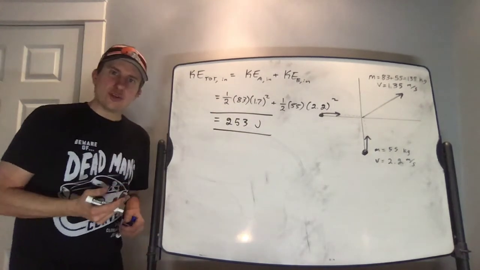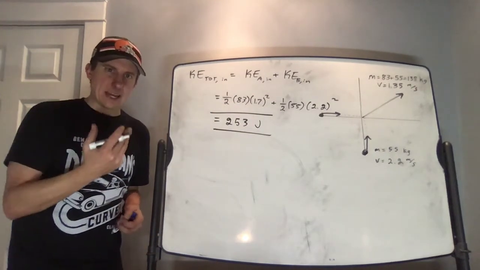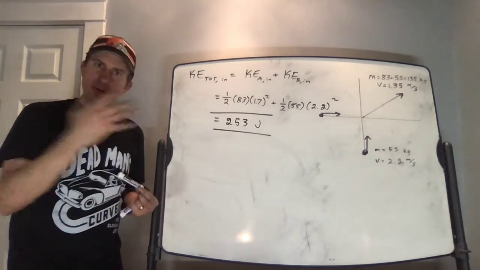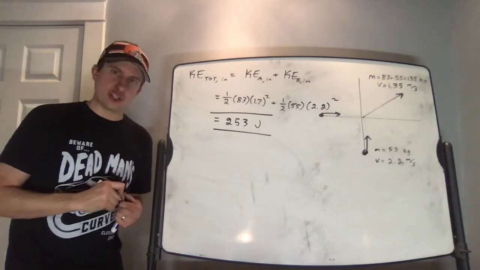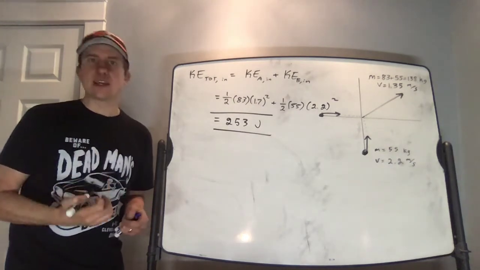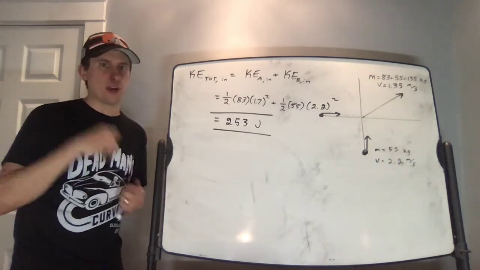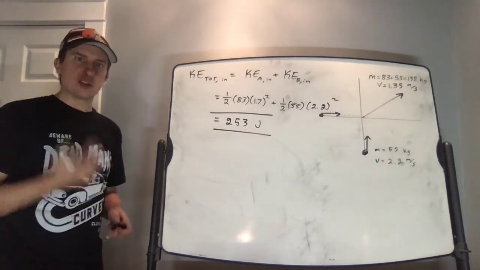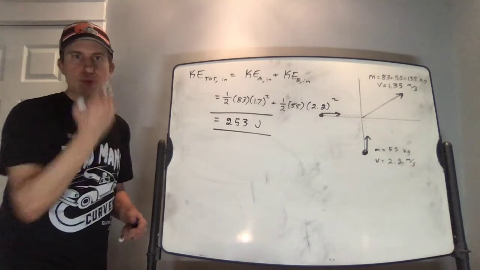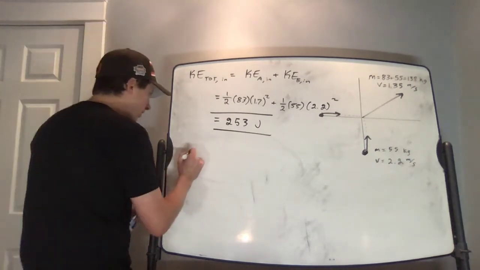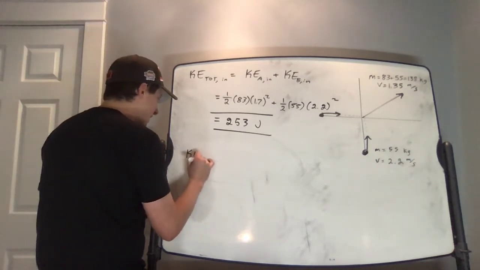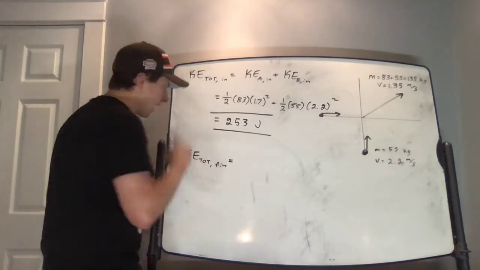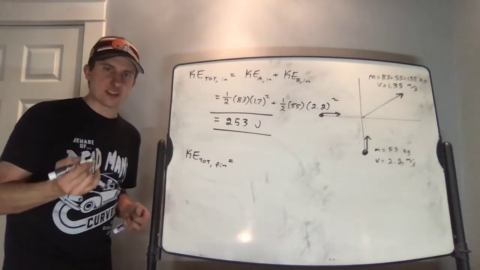Now let's find what is the final kinetic energy of the skaters after the collision. There are two different ways I could think about this question, but they are fundamentally equivalent. They're both really the same way of thinking about it. One way I could think about it is treating the two skaters as a single, more massive object. So I could say the KE total final after the collision, I could write that as 1/2 mv squared.